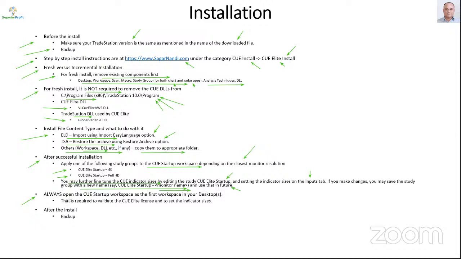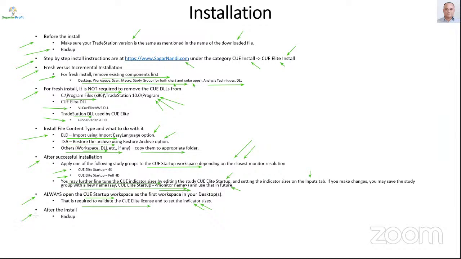But whether you are opening the default QElite desktop with all its default workspaces or your custom desktops with custom workspaces, always make sure that the Q Startup workspace is the first workspace to be opened. This is required because the Q Startup workspace validates the license for QElite, and it is also used to set the indicator sizes. I mentioned that earlier. I'll demonstrate all of this. So always make sure the Q Startup workspace is the first workspace in your desktop.